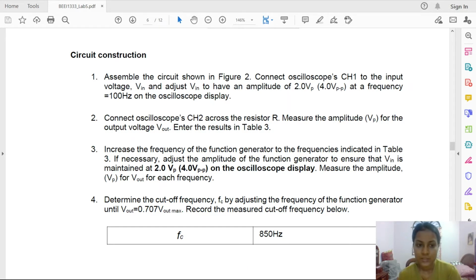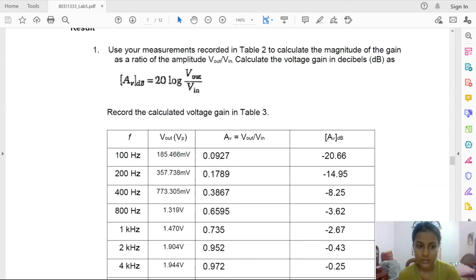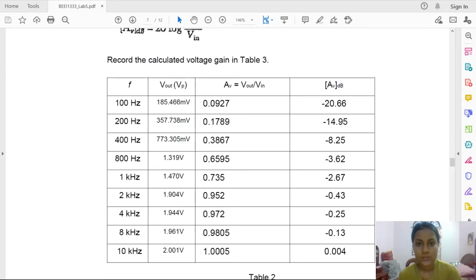Let's say we take 2 Vp, we convert it into VRMS, and use that VRMS and adjust the frequencies as follows, and we are able to get the same results. So there are two ways of constructing the circuit. One is by using the function generator, or we can straight away use the AC voltage source.